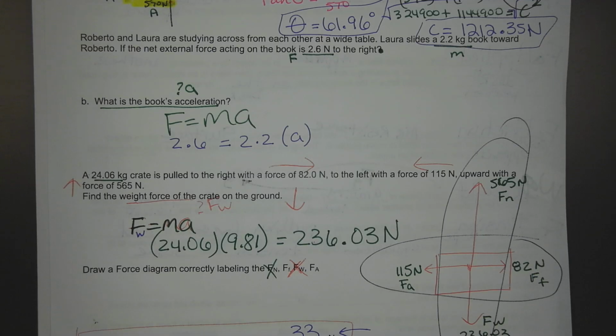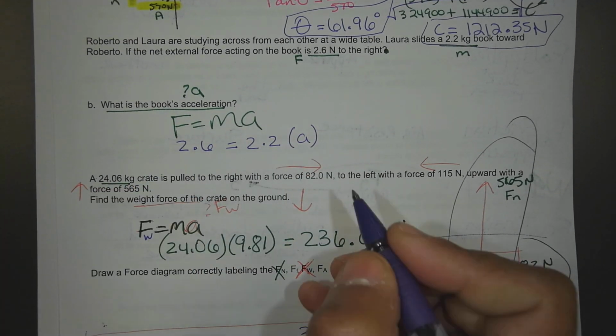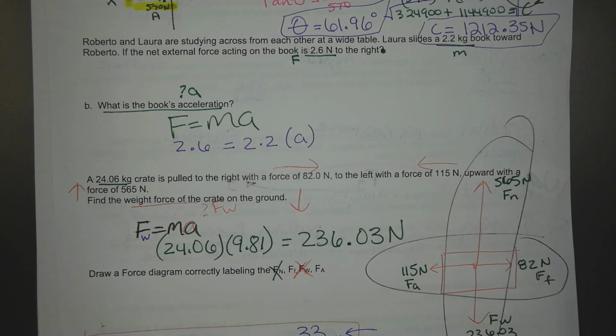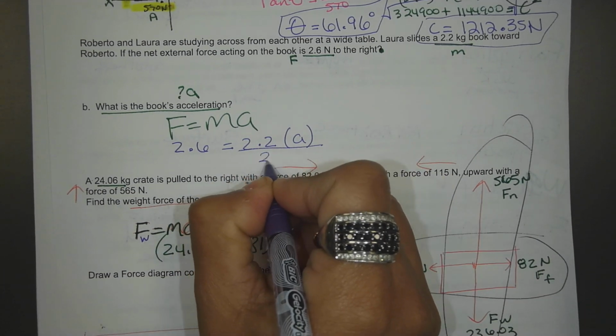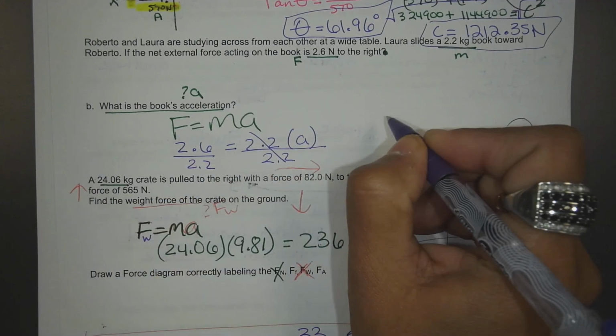Well, Miss Munson, this is not A equals VF minus VI over T. Well, I mean, it could be, but I don't have VI, I don't have VF, and I don't have T. So I'm going to go ahead and still find my A by using this equation. Algebraically, I'm going to divide by 2.2, cancel, divide by 2.2.